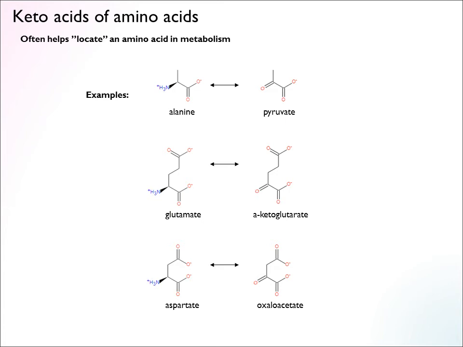Alanine, for example, is just one transamination away from pyruvate. Glutamate immediately yields alpha-ketoglutarate, which is a TCA cycle metabolite. Aspartate yields oxaloacetate. These are some of the most central examples, but in many cases you can locate the amino acid in metabolism by looking at this. So amino acids are not that strange. They are just one amine group away from a carbohydrate, really.